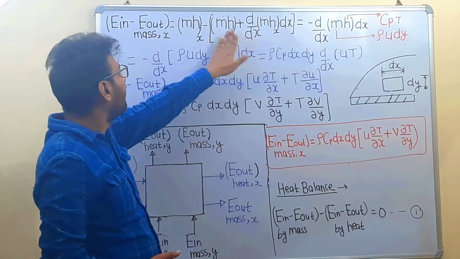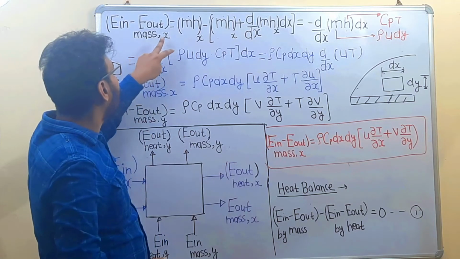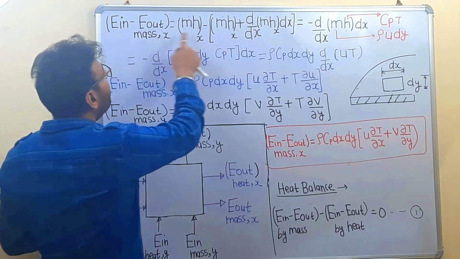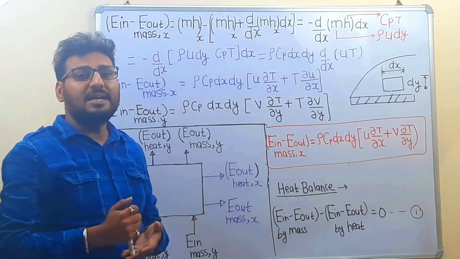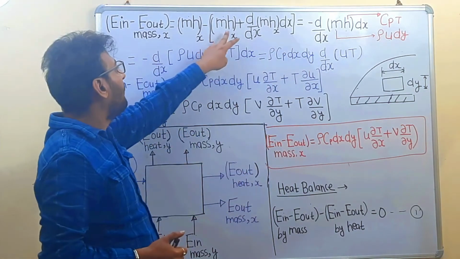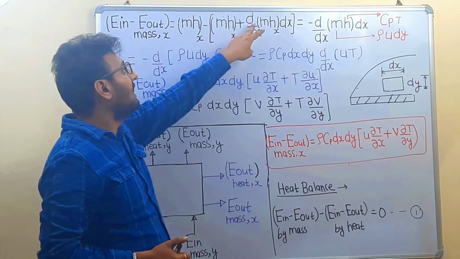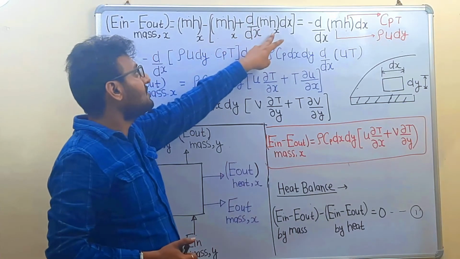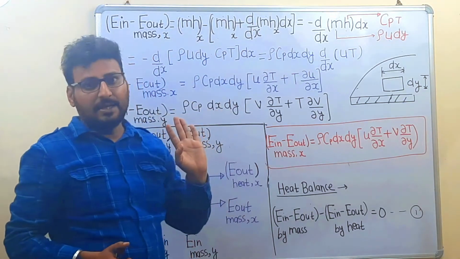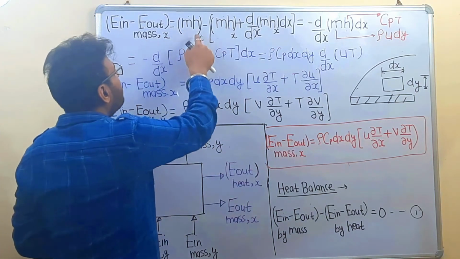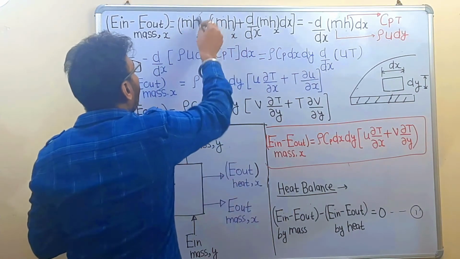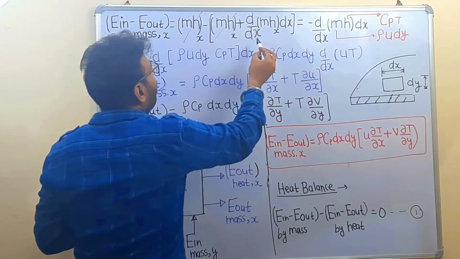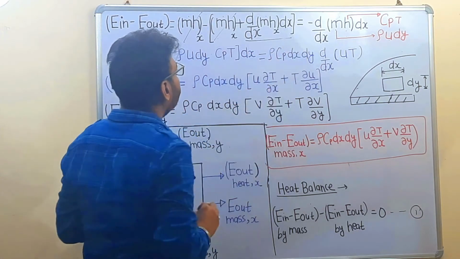Energy out by mass in x direction is given by this expression, which is basically a Taylor series expansion, m dot h x plus d upon dx of m dot h x times dx. M dot h x and m dot h x will cancel each other, hence we are left with this term only.